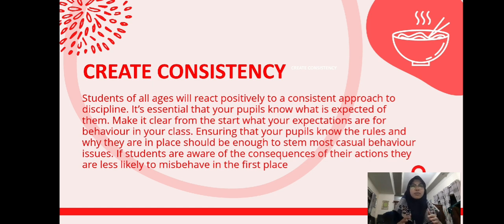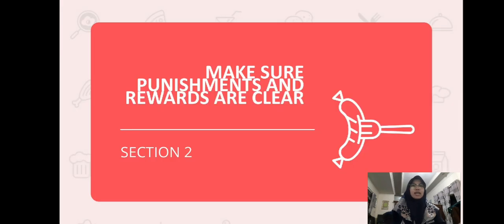Ensuring that your pupils know the rules and why they are in place should be enough to stem most casual behavior issues. If students are aware of the consequences of their actions, they are less likely to misbehave in the first place.